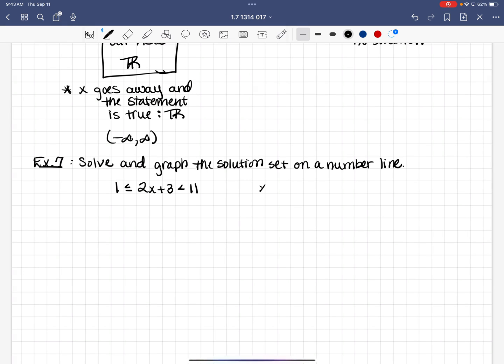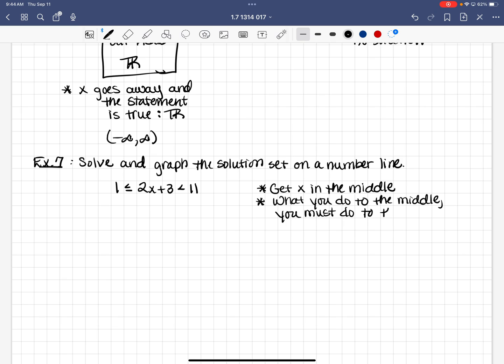And what you do to the middle, you must do to the remaining sides. Okay?